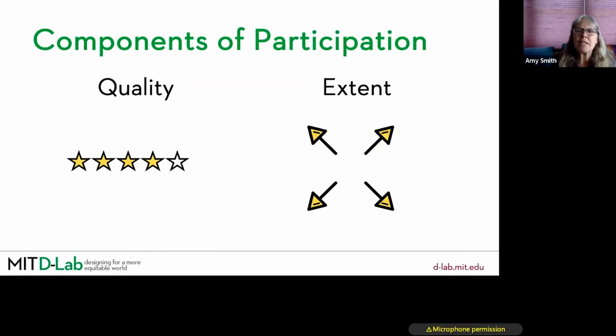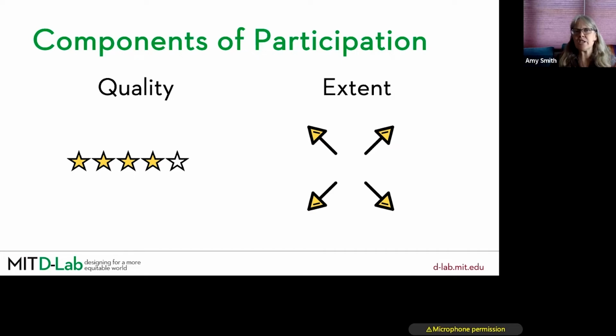We divide participation into two aspects. One is the quality of participation. So how well are people engaged? Are they able to participate in the way that they want to participate? Are they heard? Are they understood, etc.? And then the other part of it is the extent of participation. So how does it happen in the process?